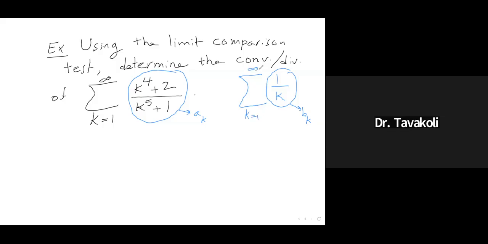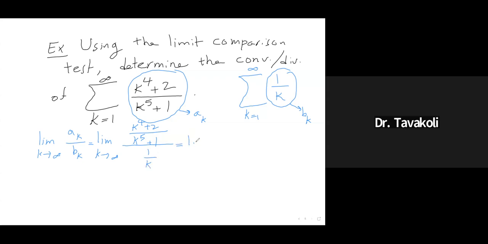So first of all, I compute the limit as k tends to infinity of a_k over b_k. a_k is (k to the 4 plus 2) over (k to the 5 plus 1). b_k is 1 over k.